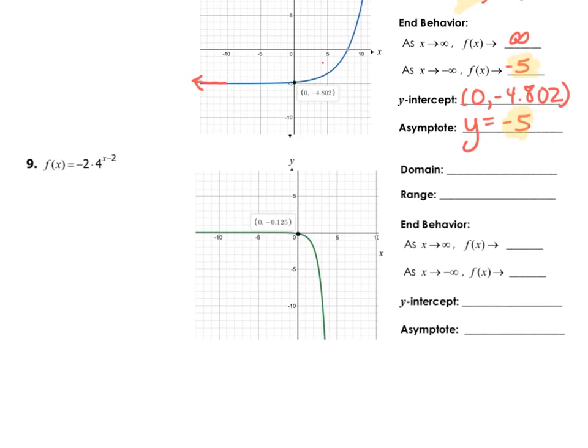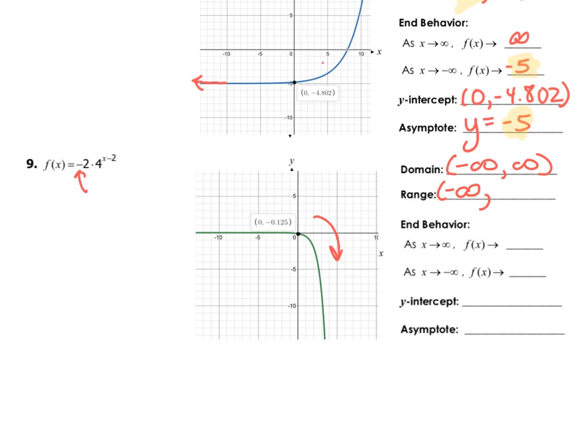And so let's look at our very last example here. So the domain is going to be -infinity to positive infinity. Now the range is different here, because notice how our function has that little negative out front. So that means it's been reflected over the x-axis. So instead of starting with a low end range and then going up to positive infinity, we're going to start with -infinity and increase our range.